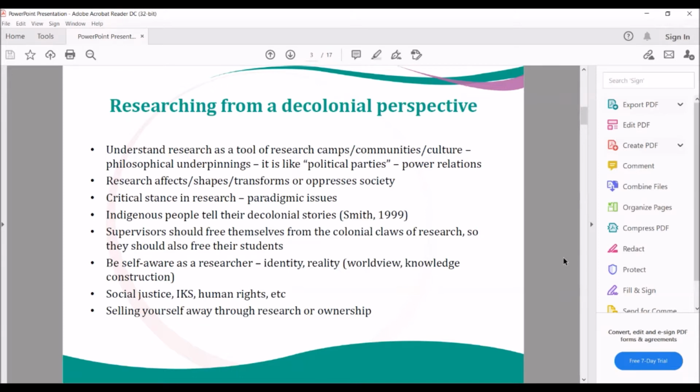and not let it lie. Supervisors should therefore free themselves from the colonial clause of research, so they should also free their students. It's very, very important to approach postgraduate projects from a very critical point of view, from a transformative point of view. We must be interested as supervisors as to what is the transformation element or elements that will be articulated in our students' projects.